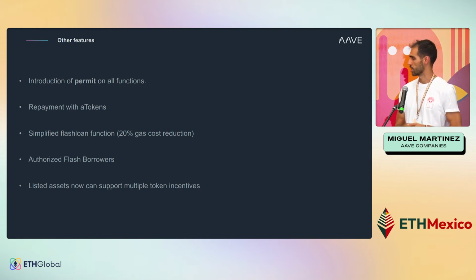Also, another entity called authorized flash borrowers, pretty relevant for those protocols that are using Aave flash loans on a day-to-day basis. And also, a new set of smart contracts that allows having multiple rewards at the same time for the users. So now every team can provide incentives so the users can get more rewards using some kind of assets in the protocol.